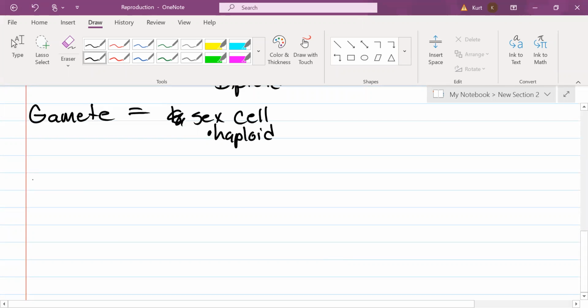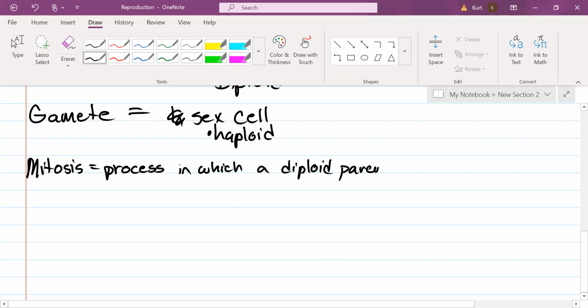All right, and then the final two you'll need to definitely recall. Mitosis, that's a big one. Mitosis is a process in which a diploid parent cell divides into 2 diploid daughter cells.